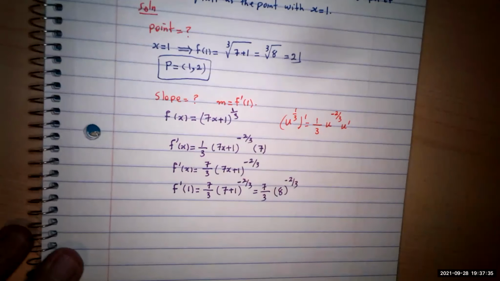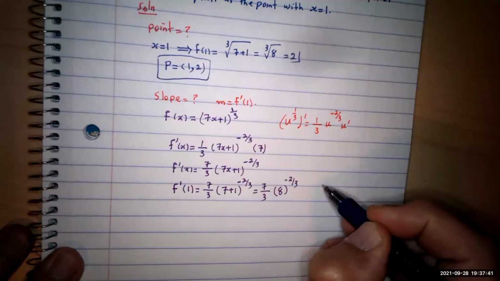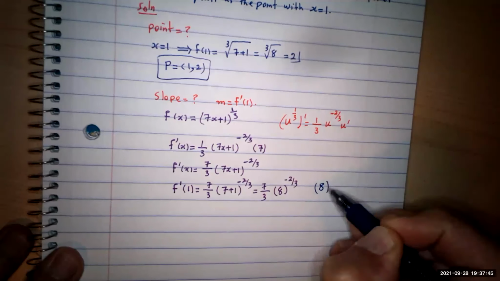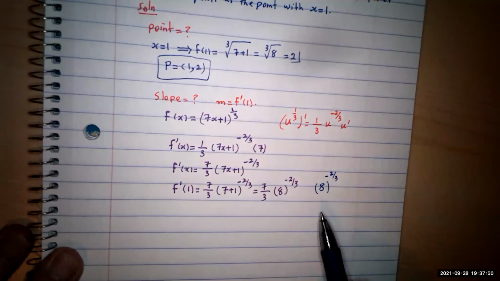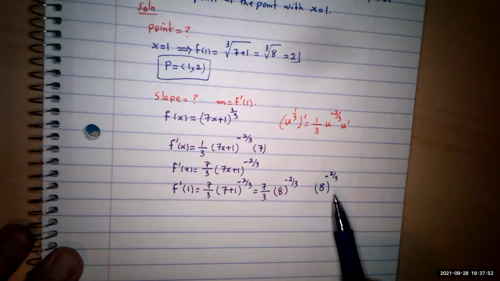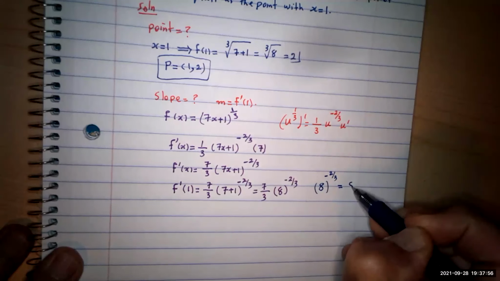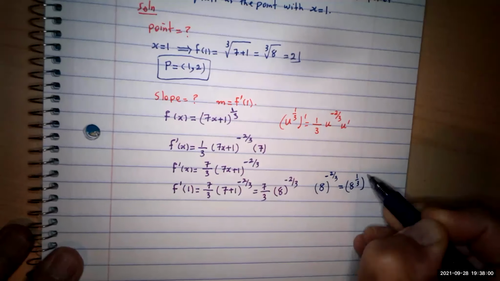Okay, the way we are going to find 8 to the negative 2/3 is going to be interesting. I'll show you how. You can use your calculator if you like, but we do the 8 to the 1/3 first. This is the way you can rewrite it: 8 to the 1/3, then to the negative 2.